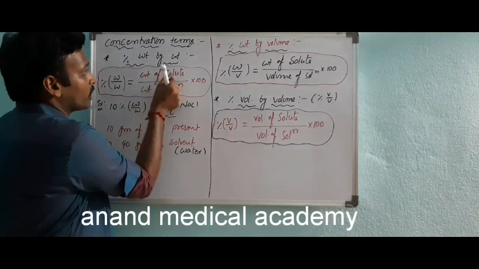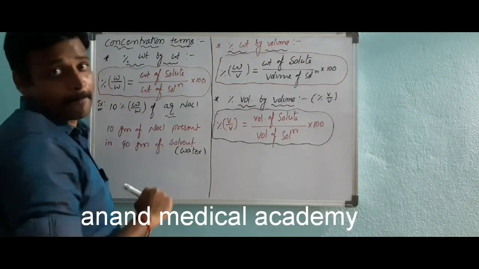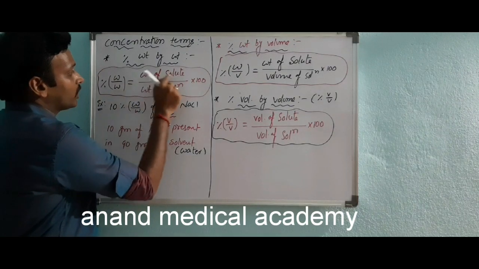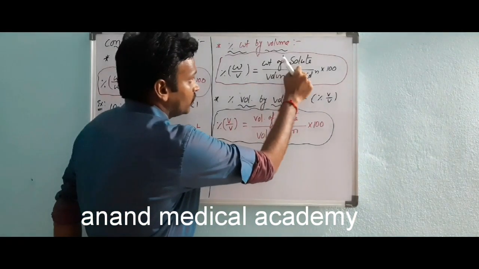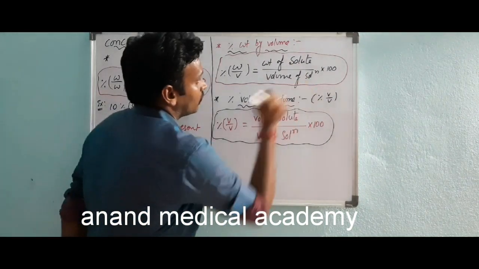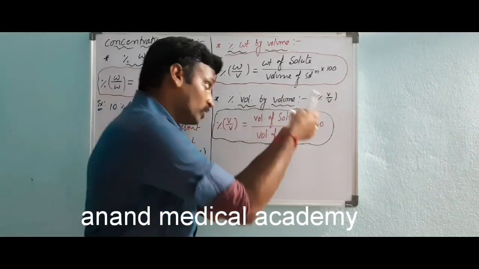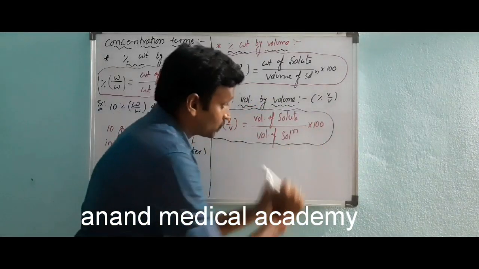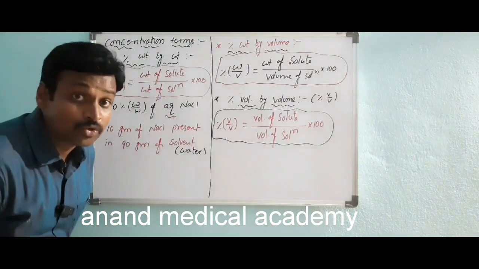Numerator has solute, denominator has solution. Weight of solute present in weight of solution. Weight of solute present in volume of solution, that is percentage weight by volume. Volume of solute, volume of solution, both if you are considering, that is percentage volume by volume.